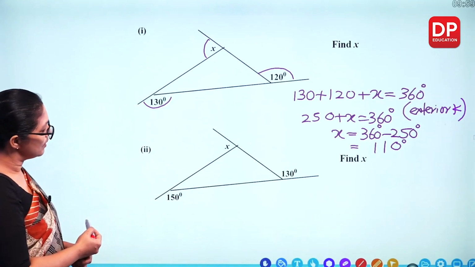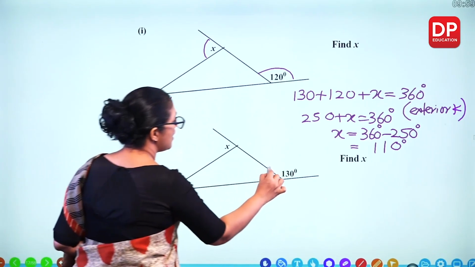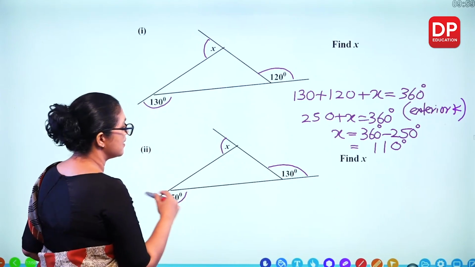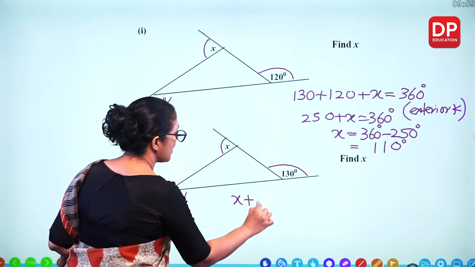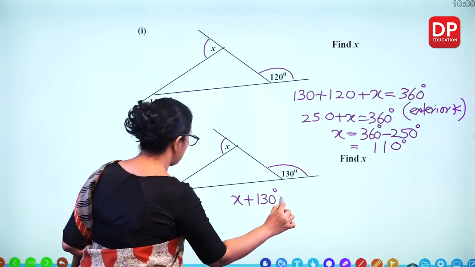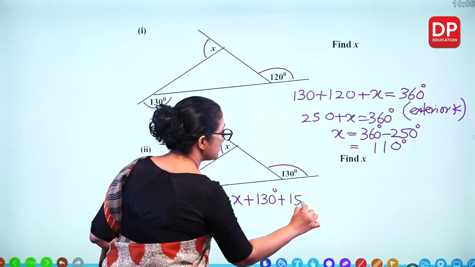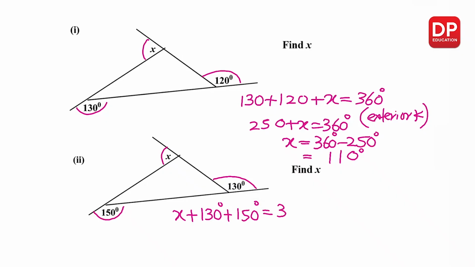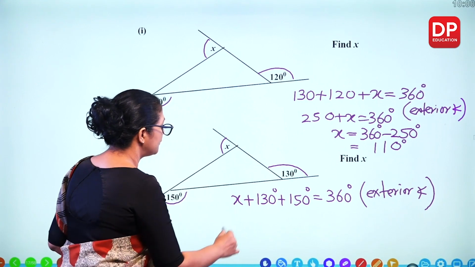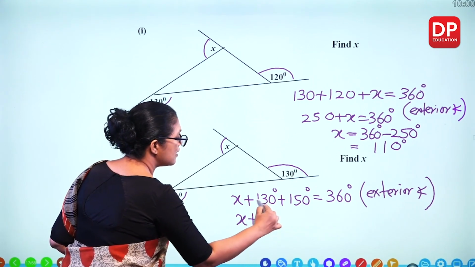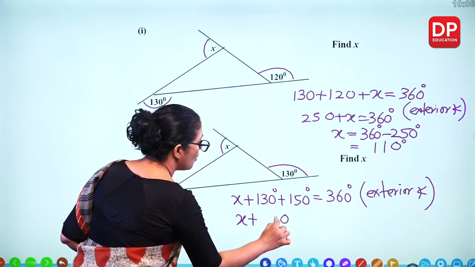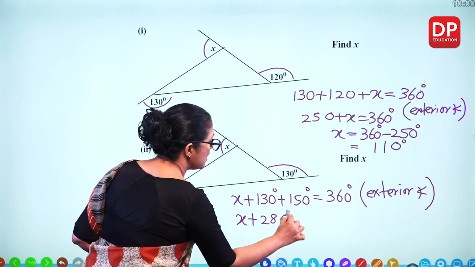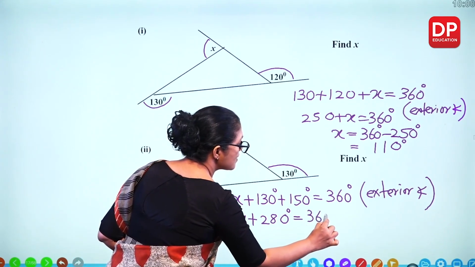This one. 150 there, 130 and x. So what's the sum? x plus 130 plus 150 is equal to 360. Exterior angles. So what's these two? 280 plus x is equal to 360.